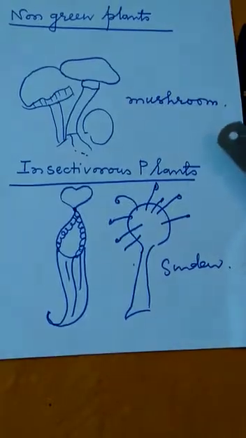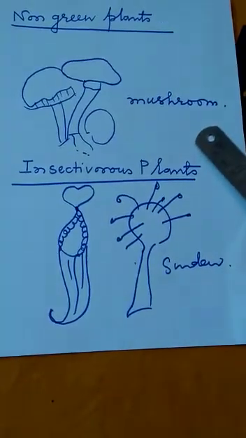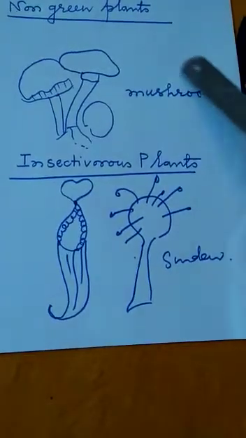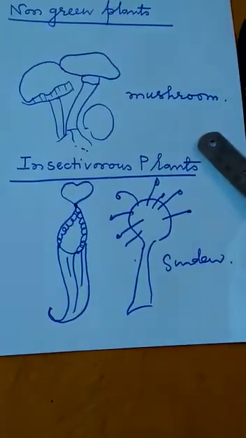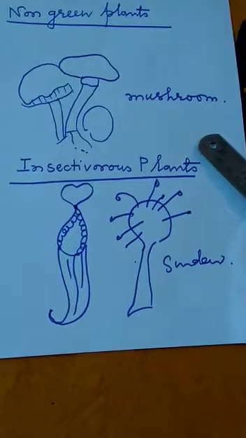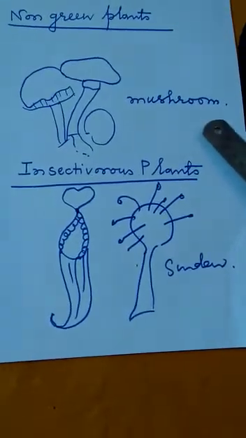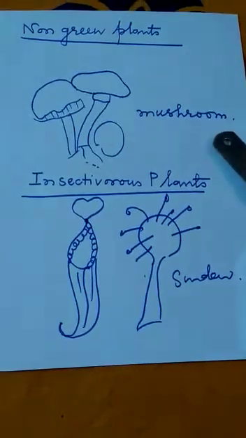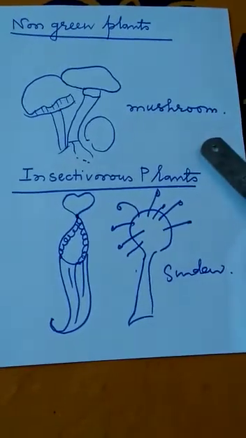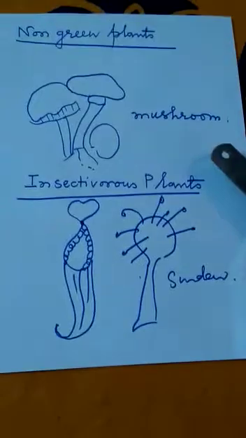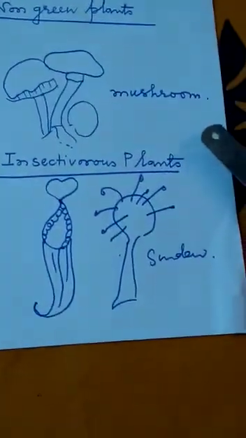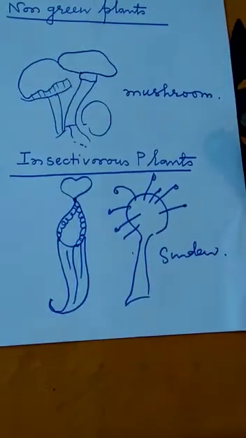Since mushrooms and non-green plants do not have chlorophyll, where do they get their food? They absorb food from other sources such as soil and green plants. Mushroom and bracket fungi are some examples of non-green plants commonly found around us.